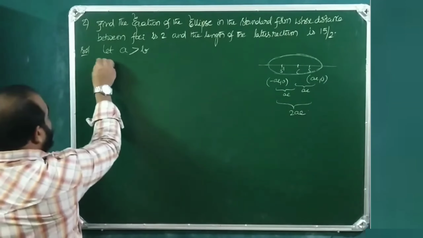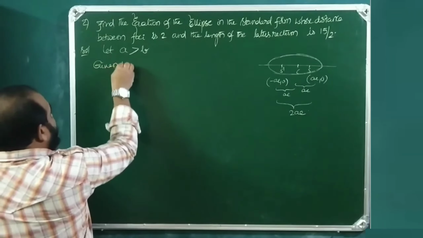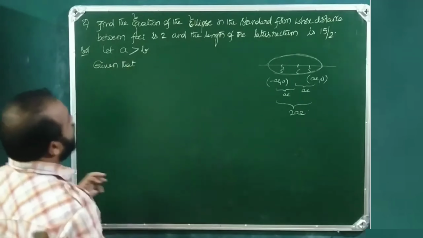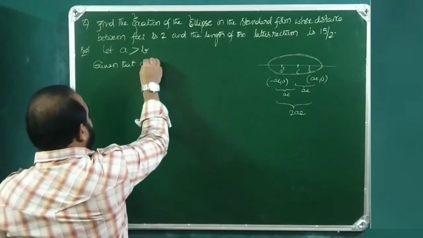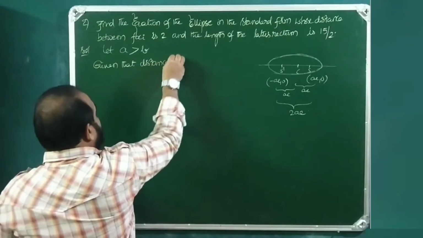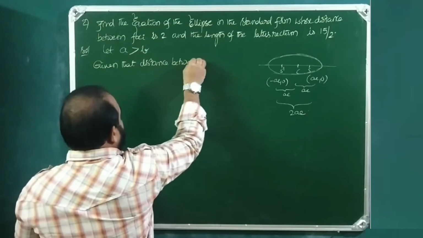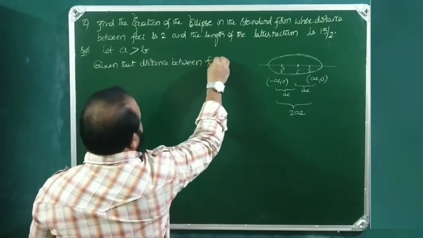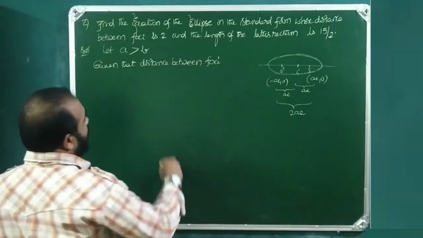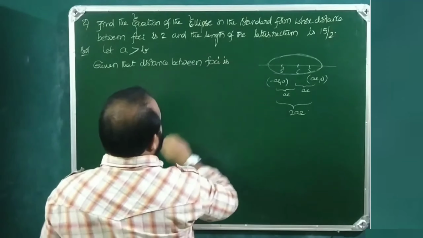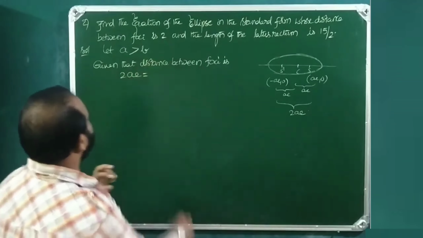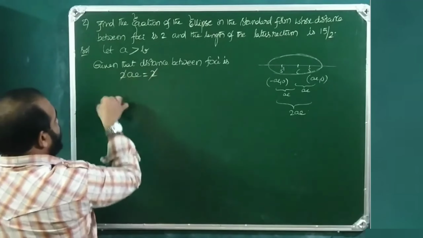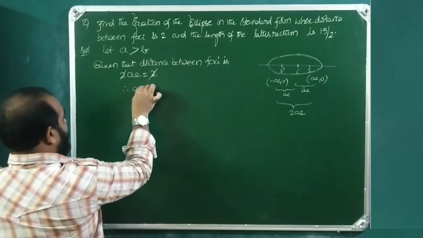So given that distance between foci is 2ae equals to 2. So 2 gets cancelled, therefore ae is equals to 1.